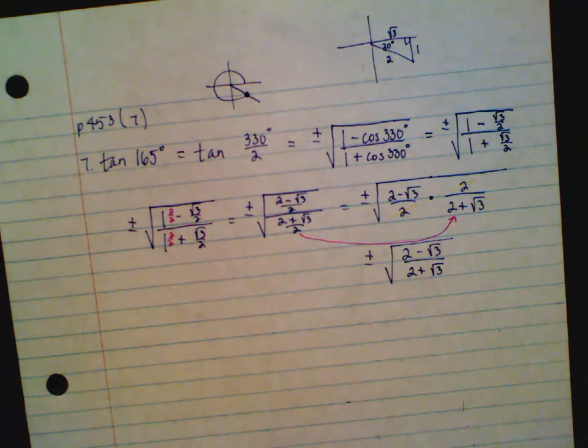And then that becomes a little crazy because the answer on the back of your book is going to be a nice, pretty number. So I wonder if my calculator will do this for me. 2 plus square root of 3.